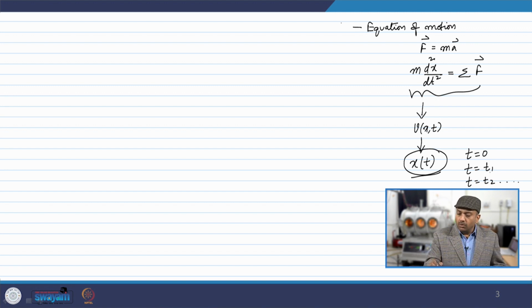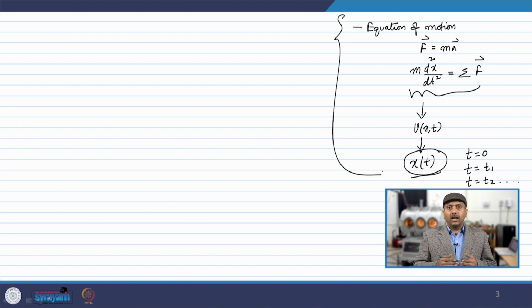So, all this information is going to be referred to as the behavior of the plasma or particle, right. Now, in this case, we are considering the position x of a single particle, and on the right hand side, the force can be basically due to the electric field, or it can be due to the magnetic field alone, or both of them, right.